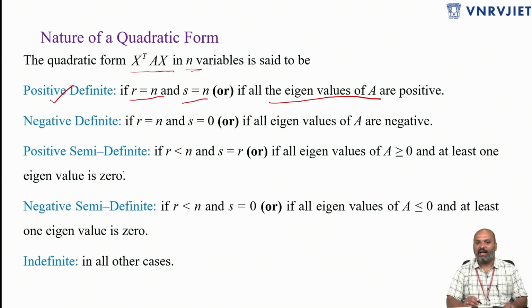Positive definite means all eigenvalues of A are positive, or all terms in the canonical form are positive, and the number of terms must equal the number of variables in the quadratic form. That is called positive definite.